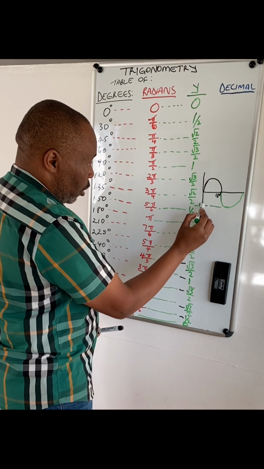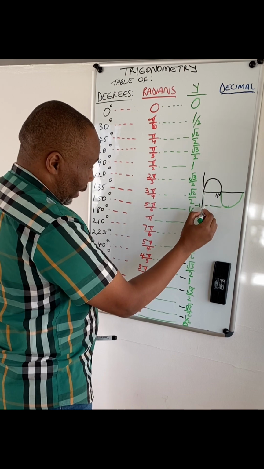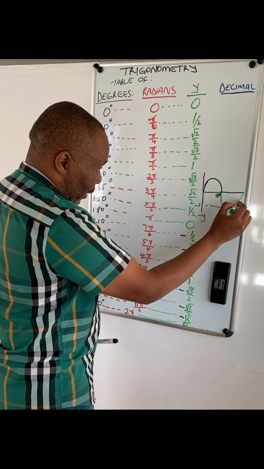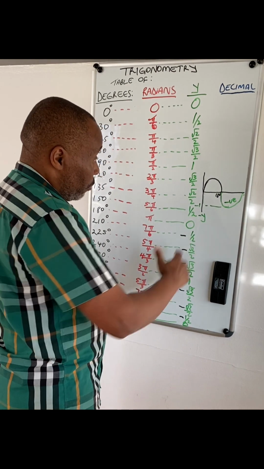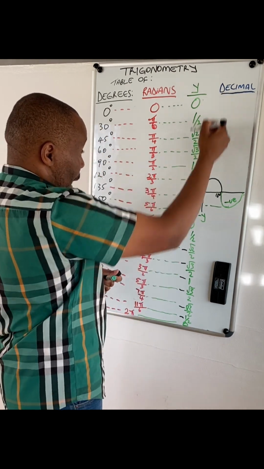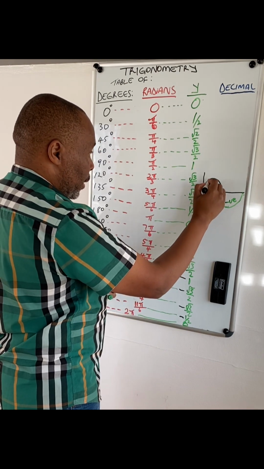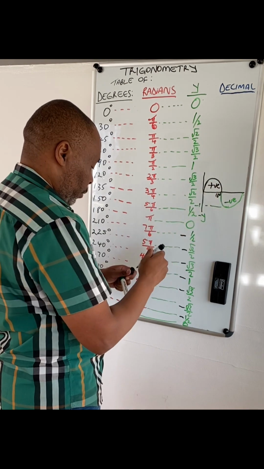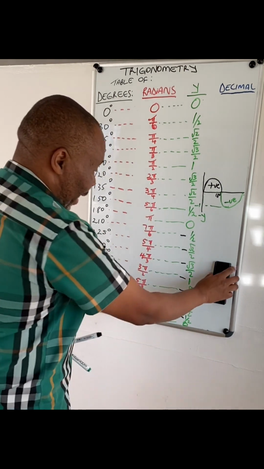So it takes all the negative y values right down from 180 right up to 360. From 0 up to 180, it is positive. So this is what the graph does.